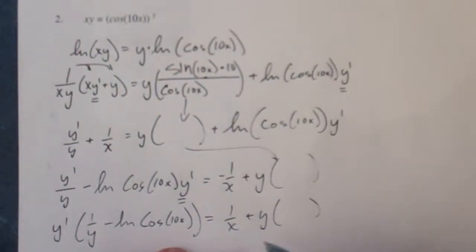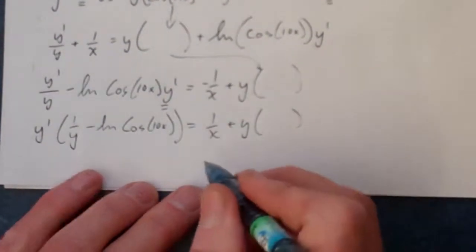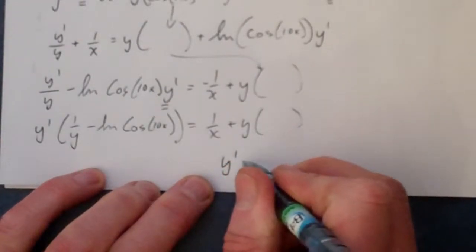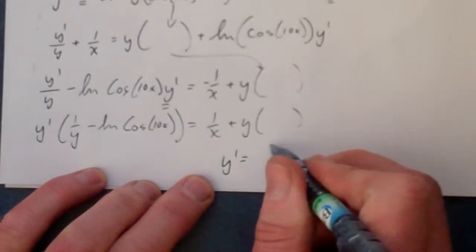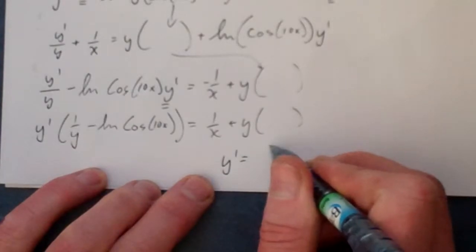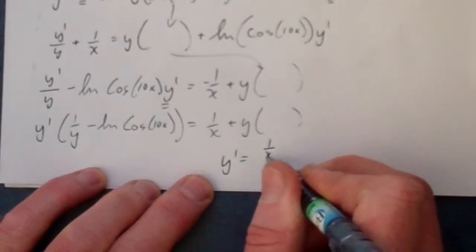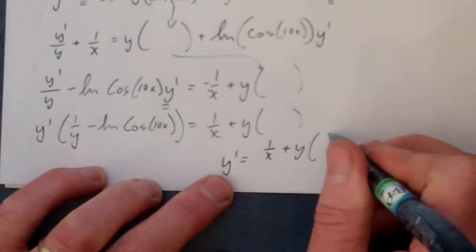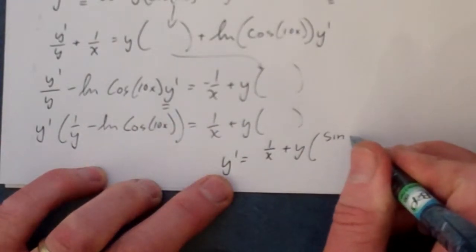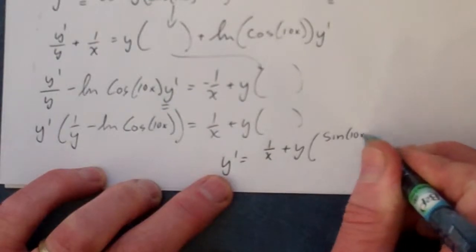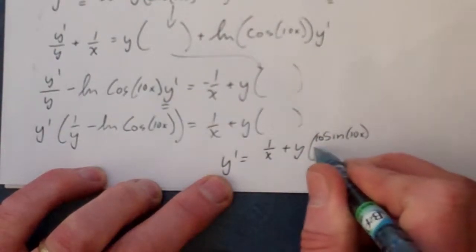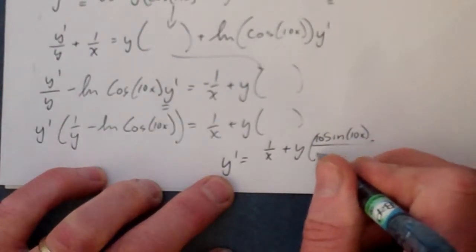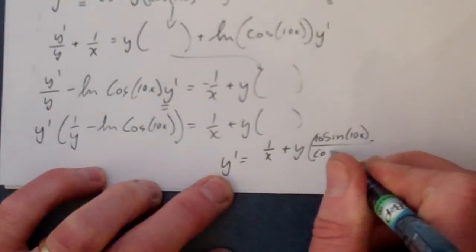So again, our final answer will be y prime is equal to 1 over x plus y times the sine of 10x, I'll put the 10 out in front, sneak that in, all over cosine of 10x.